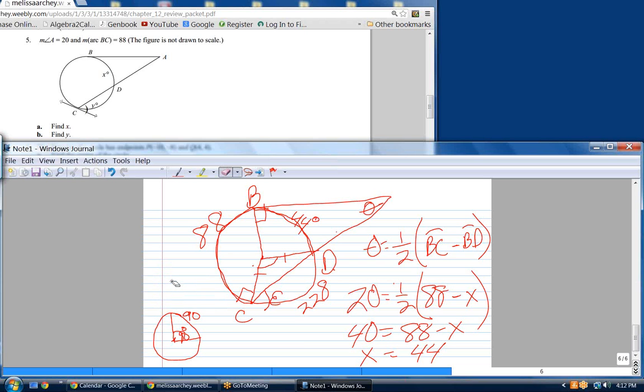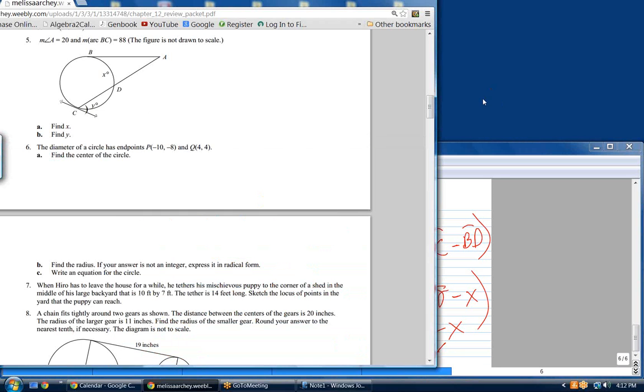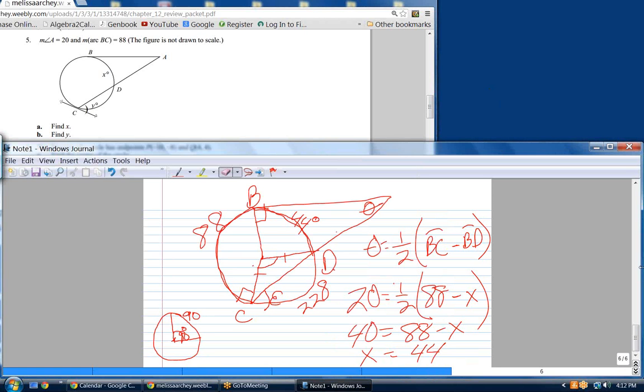No, it makes it 288 also. It's coming down from the middle. Can't be 288. No way a triangle can be 288. Think about this a second.